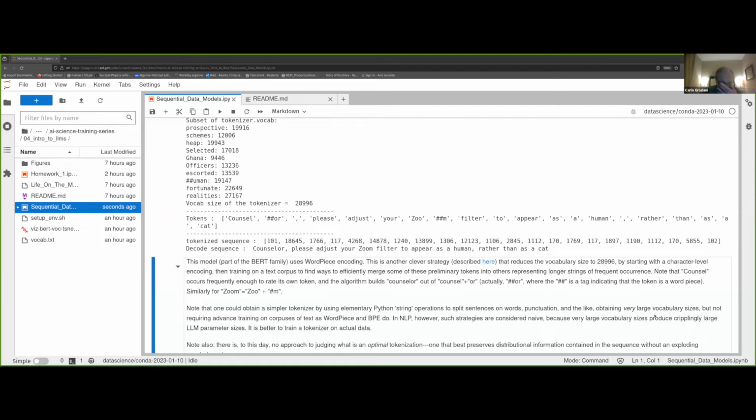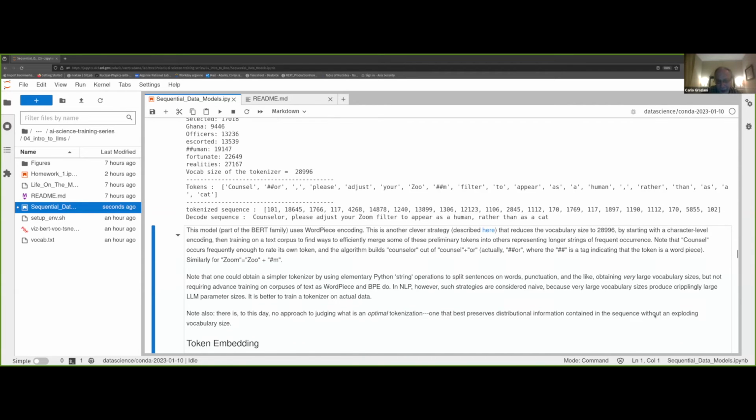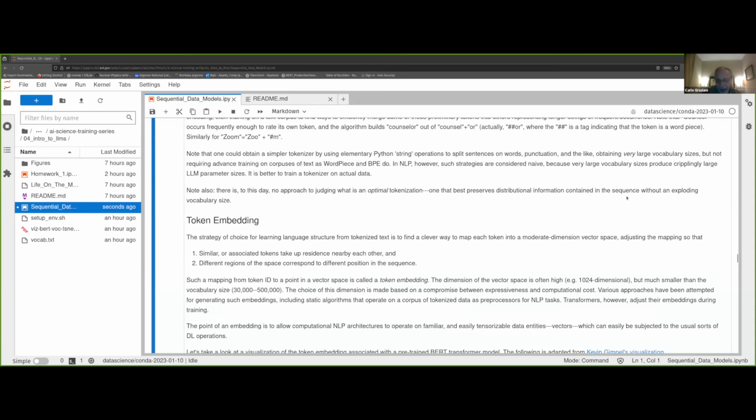Okay, and there will be an example of this in the homework. You could just use elementary Python string operations to split sentences into words and punctuation and so on. If you did that, you get a very large vocabulary size. In English, you get about 500,000 tokens, give or take a few. But they wouldn't require training on large corpuses in advance.